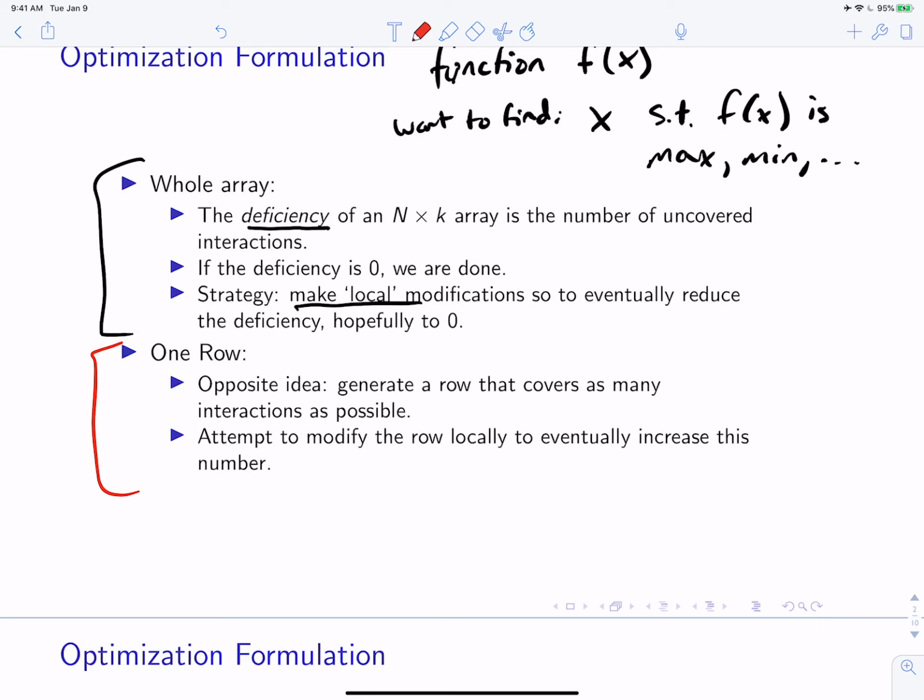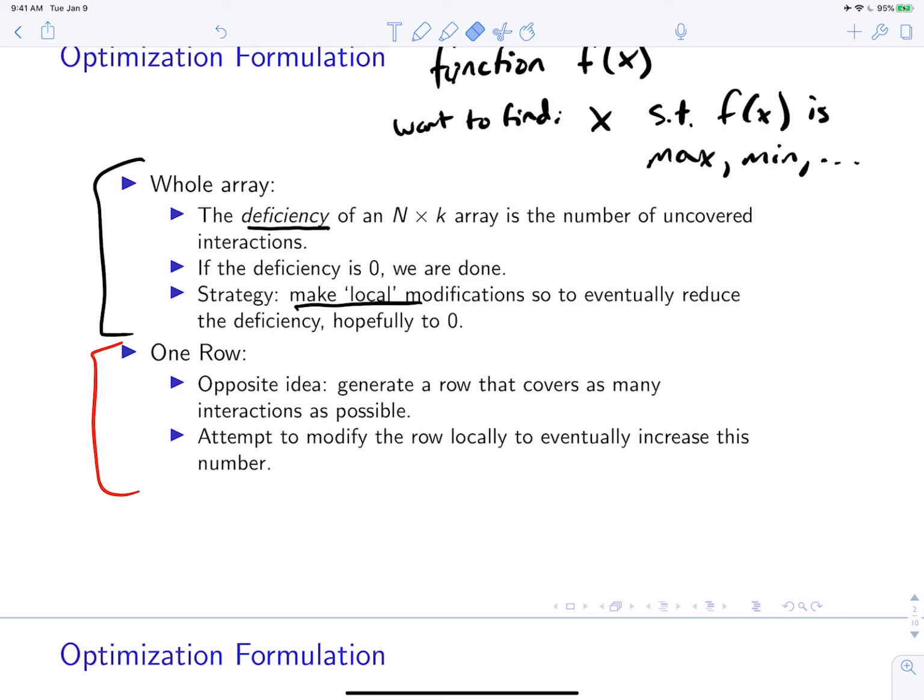So the problem can also be impossible to solve. It could be, yes. Of course these methods don't prove that an array doesn't exist because we just may not be able to find one, but it's a very good heuristic as to when one actually exists. And in fact, for the method that we're going to talk about next, simulated annealing, it has been proven that if you run it long enough, it will reach the optimum for the parameters that you set.